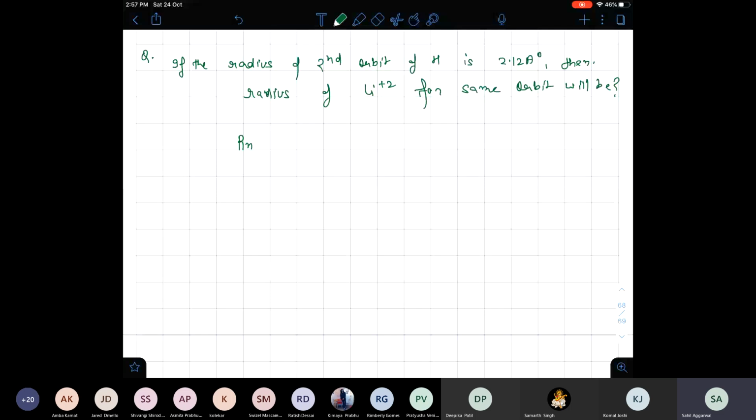Radius is directly proportional to n square by Z. R of hydrogen divided by r of lithium will be equal to n of hydrogen divided by n of lithium the square into Z of lithium by Z of hydrogen. Orbit is the same as given, so it will get cancelled out.